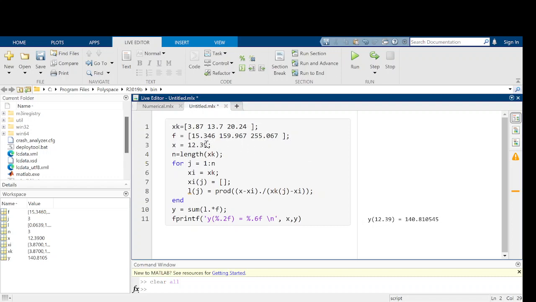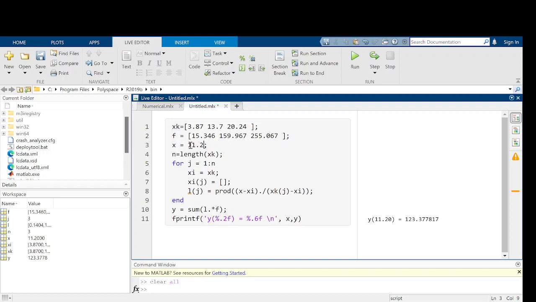So if I want to get the value of y at any other point, I'll just change the value of x here. Maybe I want to get the value at 11.2. If I want the value at 11.2, I'll run, and I'll get the value at 11.2.